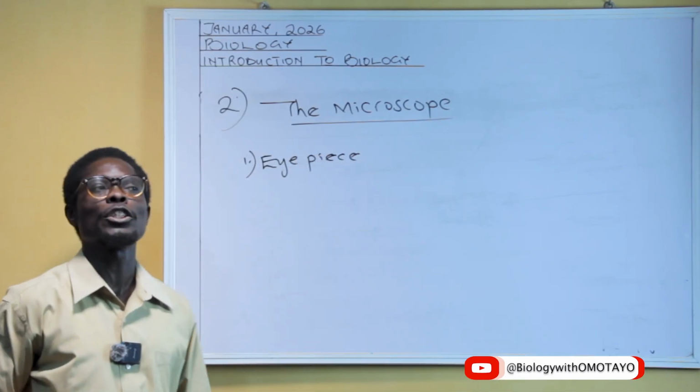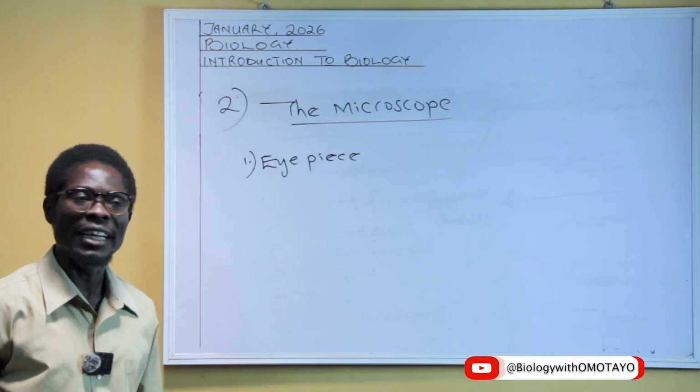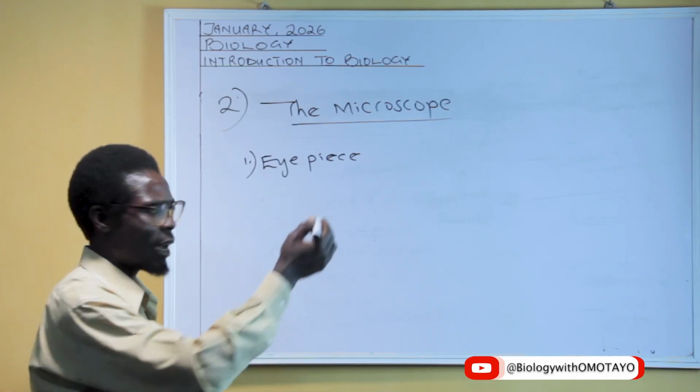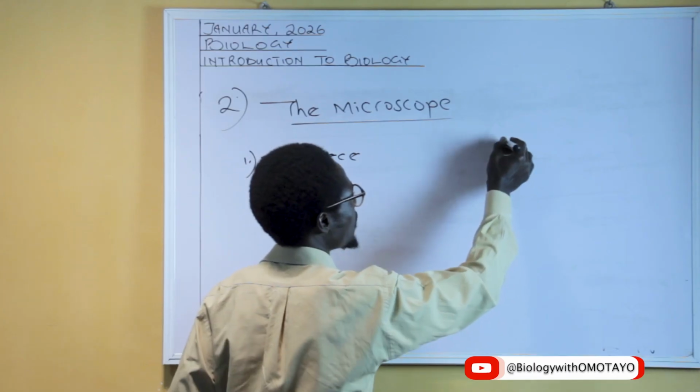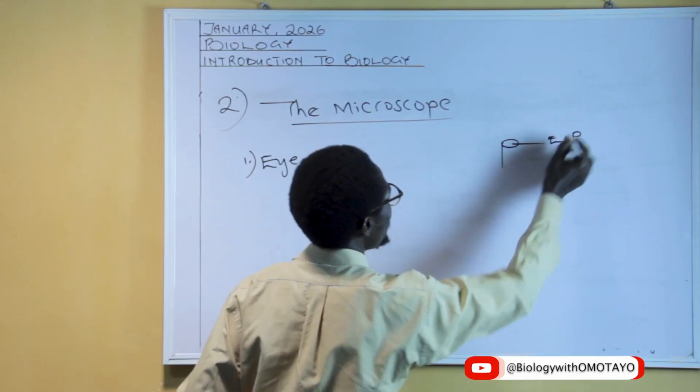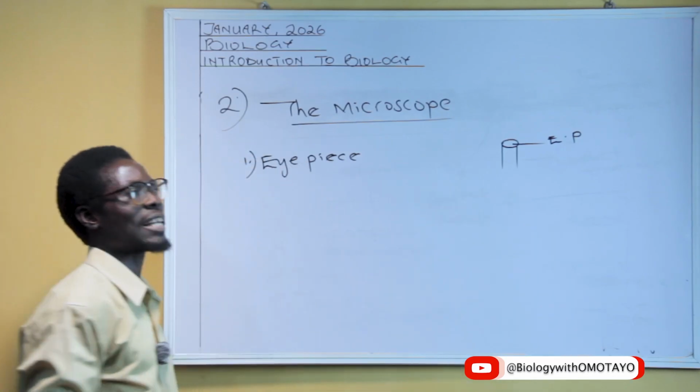To start with is always the eyepiece, the lens for viewing the magnified object. I can put a rough sketch here. So, we are starting with our eyepiece. That is where we are starting from.